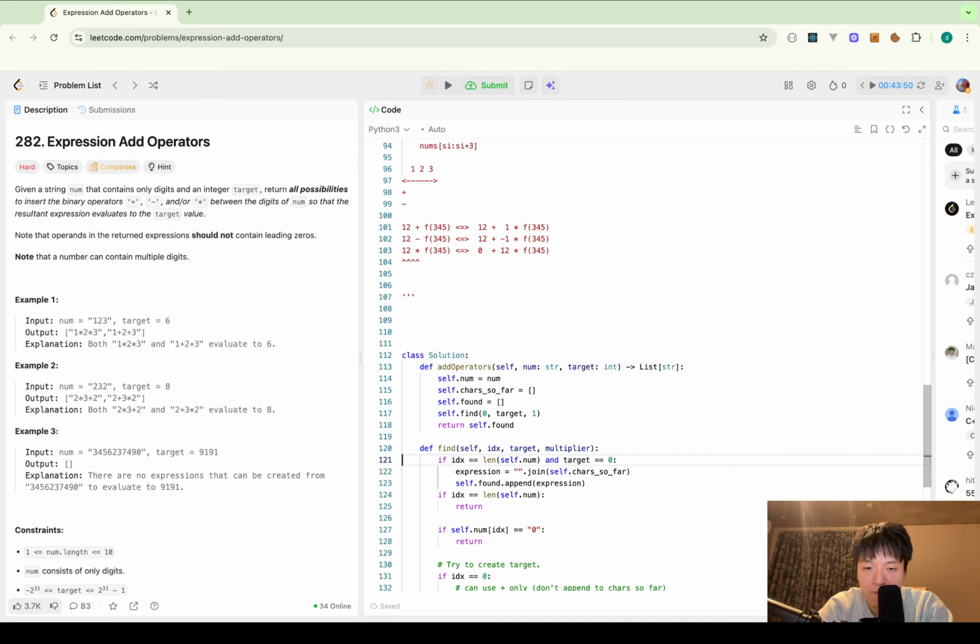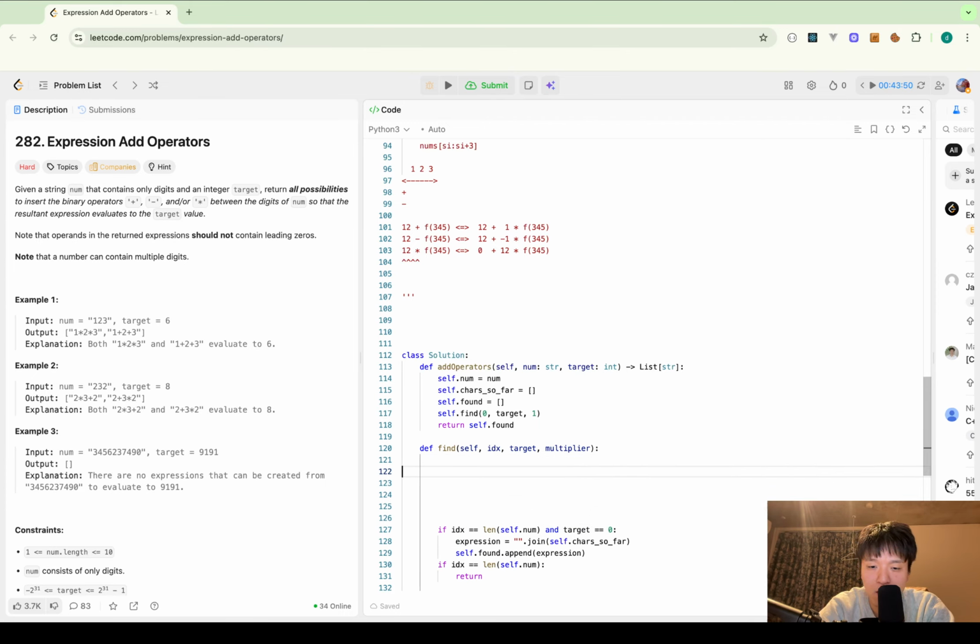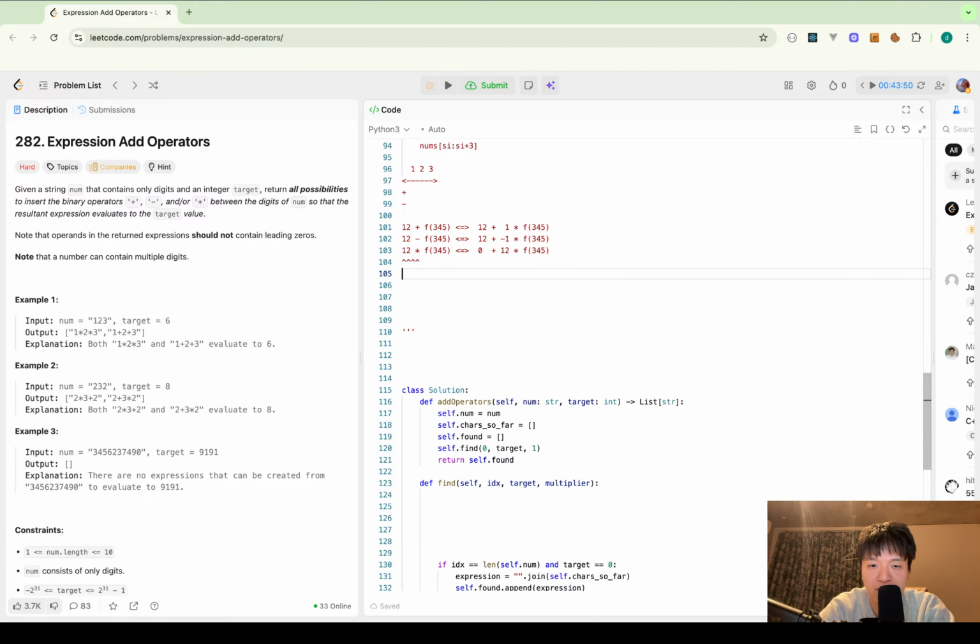Okay, that being said, the edge case here is a bit confusing, because if I choose plus or minus or multiplication, whichever number I choose, no, I mean, oh, wait.